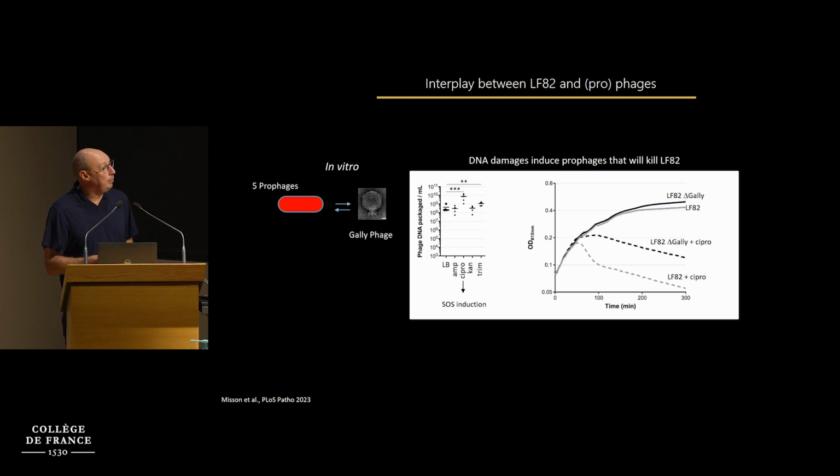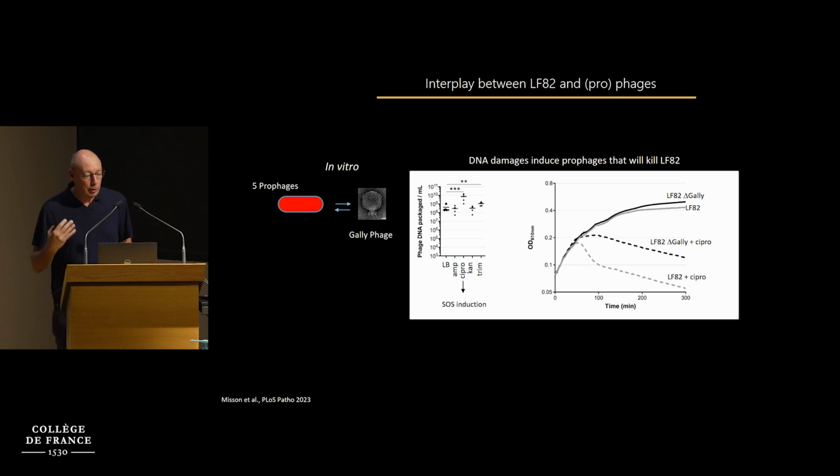And what they have been able to show is that if you look at the growth curve of these bacteria, if you treat them with cipro at a dose where cipro is not really killing the bacteria by itself, the bacteria are dying, and this death is led by induction of the Gali prophage, since when you delete this phage, you restore growth. Not fully, but you restore growth.